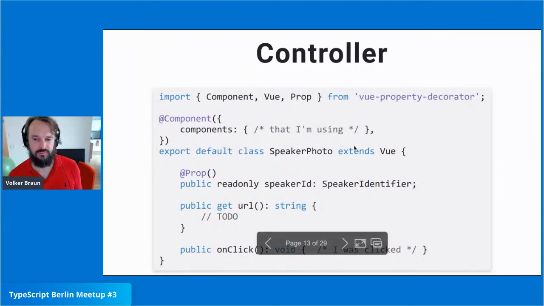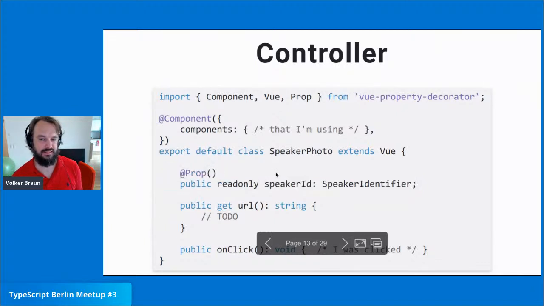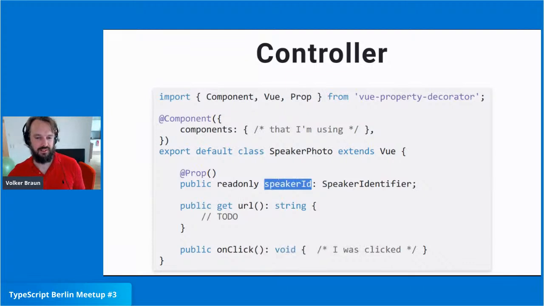And then you can call your component whatever, extends Vue. Basically the input is decorated with @Prop. That means this is going to be defined by the attribute in the template that's using my component. It's something that's being given to me.